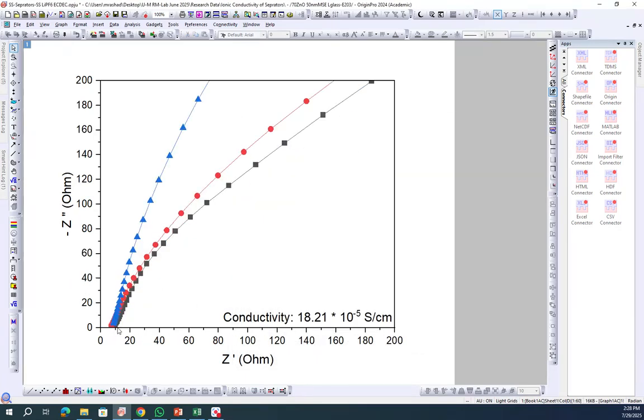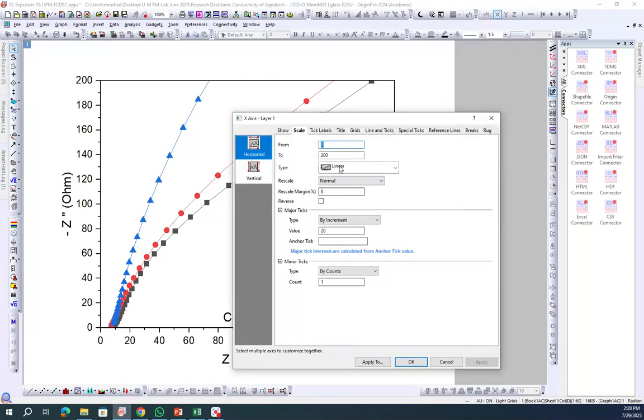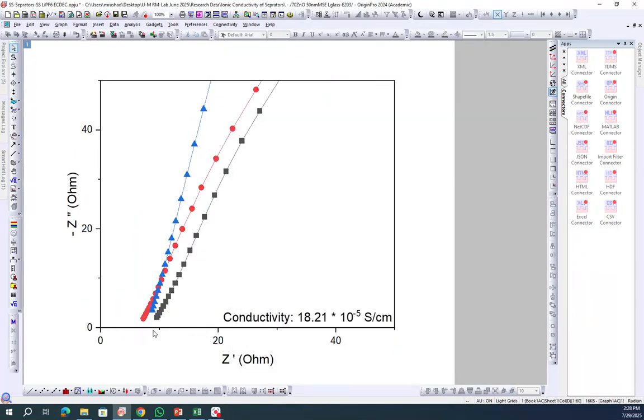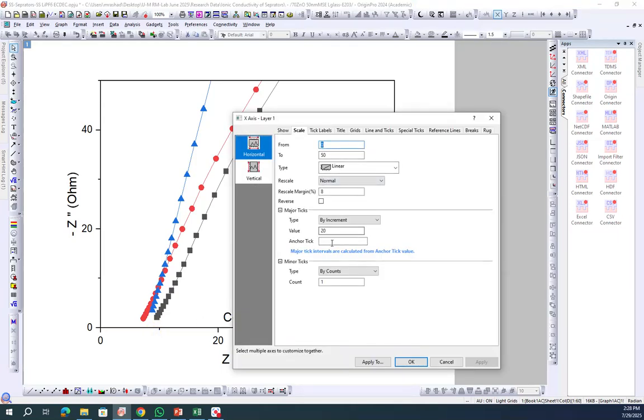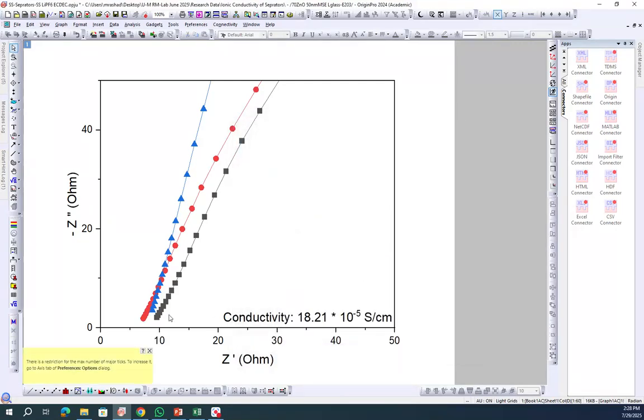Here you can see it starts not from 0. Let's zoom further. Yeah, you can see they are starting from around 10. So this is called separator resistance plus electrolyte resistance.